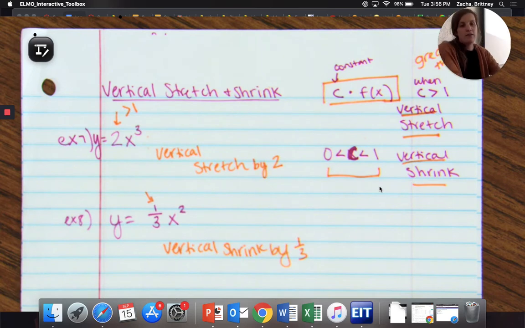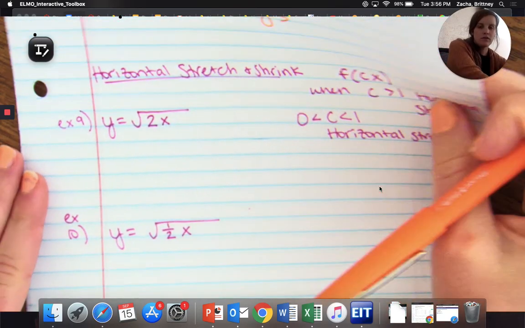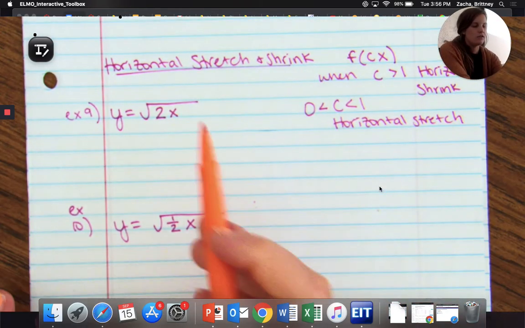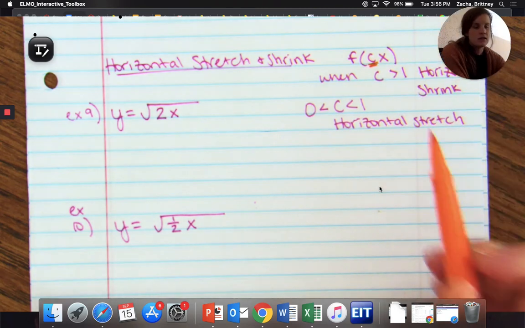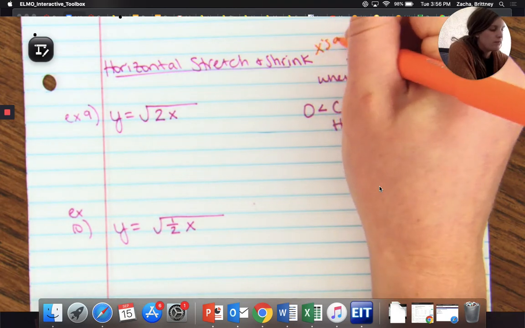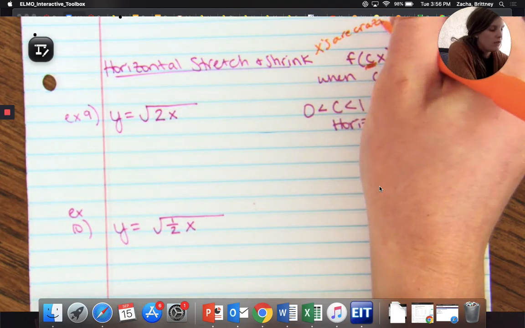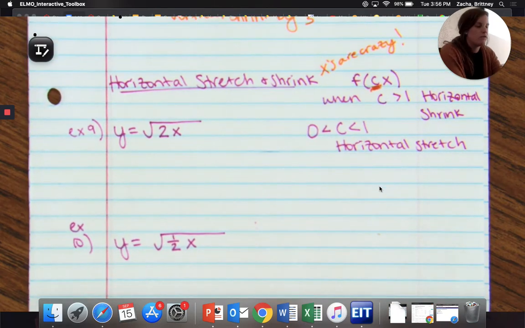Okay, so now the best for last. Horizontal stretch and shrink. So horizontal, unlike vertical, deal with your x's. Notice this time your constant is being directly multiplied to your x. So guess what? X's are still crazy. And they're going to do the opposite than what our brains think. Notice this.